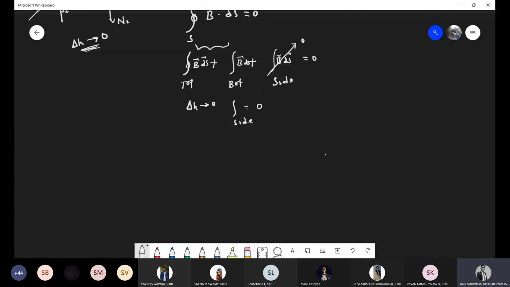I'll write the top side as Bn1 dot ds minus, why is this minus? Because it is at the bottom side, Bn2 into ds, which is equal to 0.